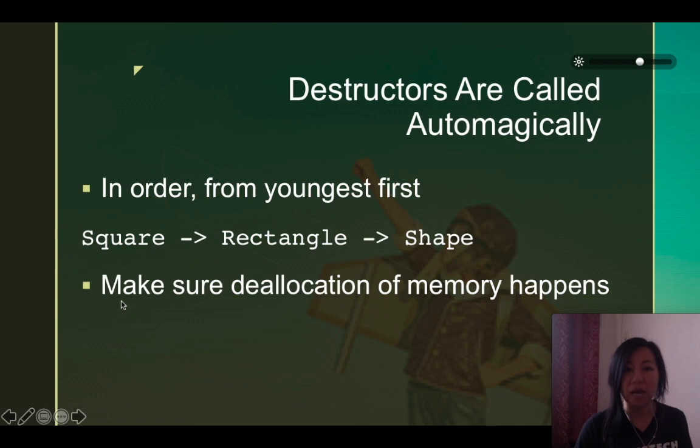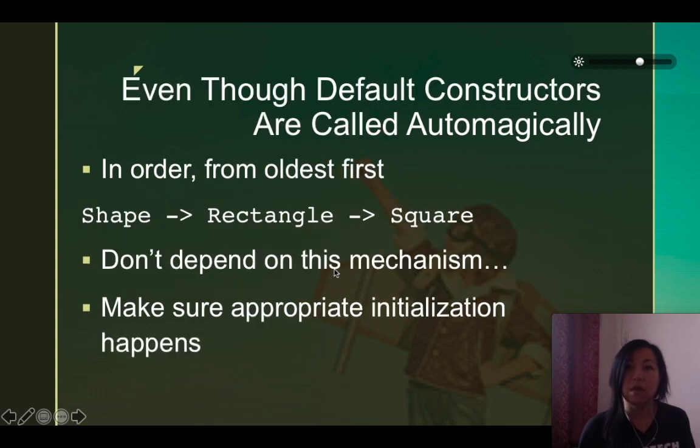So basically the idea is to make sure that the deallocation of memory happens, right? That's the bottom line. And so if you are not using any dynamic variables, you don't have to declare, define, or implement your own destructors.